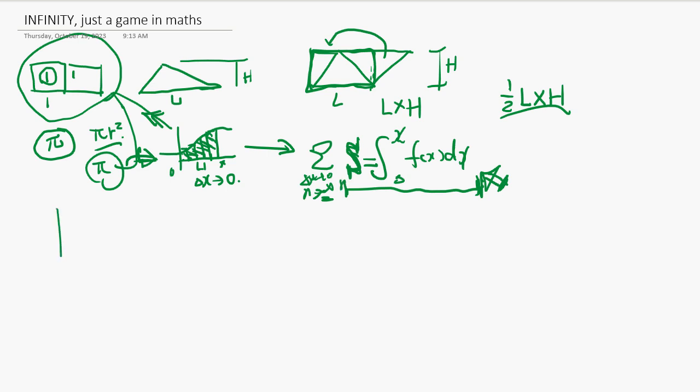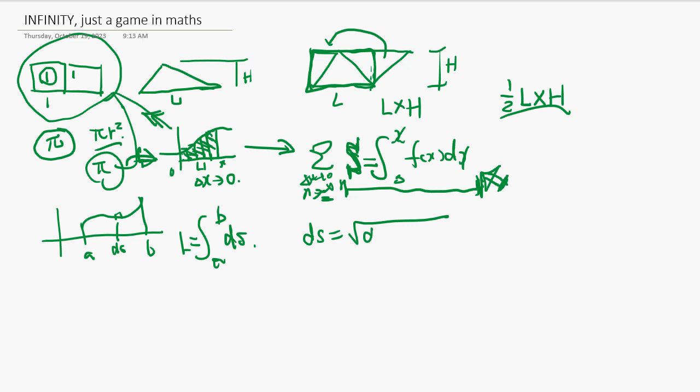How about length? We take a ds, an element of the length, and integrate from a to b. The length is from a to b of ds, we add this ds. What is ds? ds is the square root of dx squared plus dy squared.